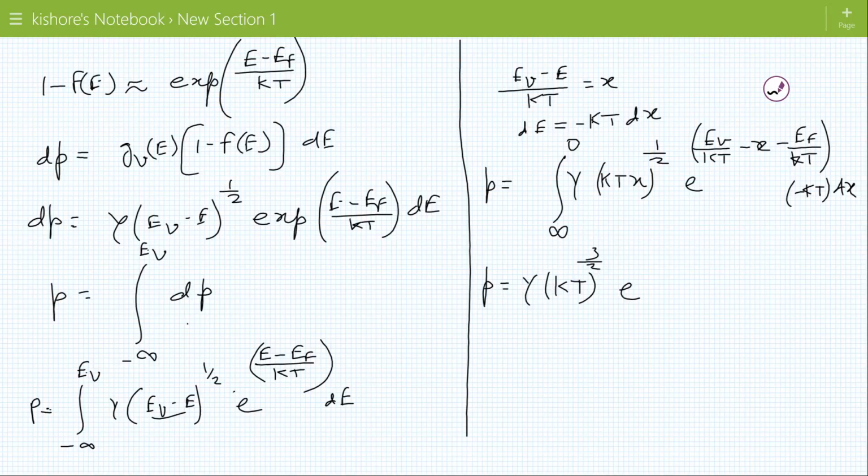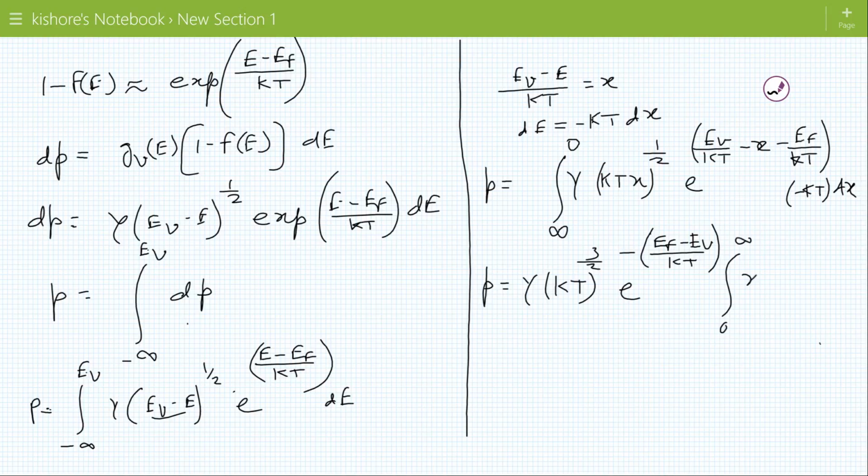And e to the power, we can write this expression as minus of (EF minus EV) divided by kT. This term is also independent of x. Because of minus sign, we are interchanging the limits.